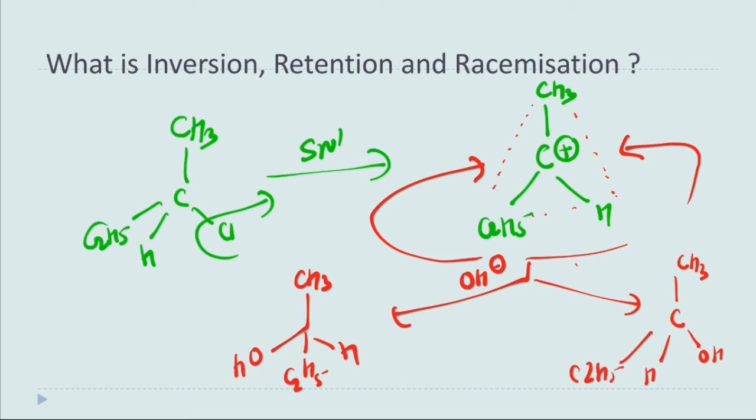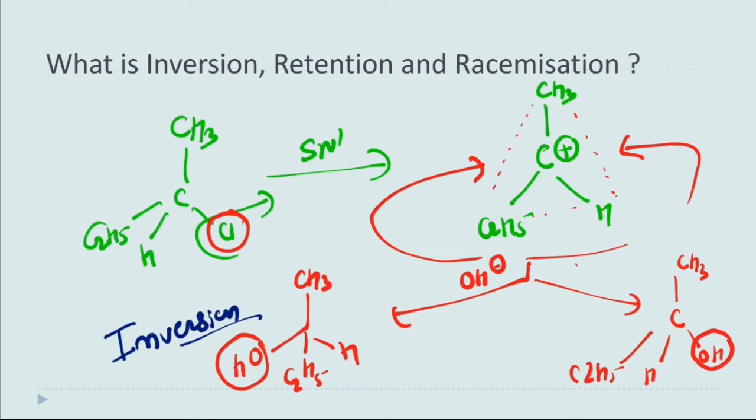Now one product is formed where the OH is present on the reverse side of the leaving group, and one product is formed where the OH is on the same side as the leaving group. This one is called inversion, like we studied in SN2, and this one is called retention.